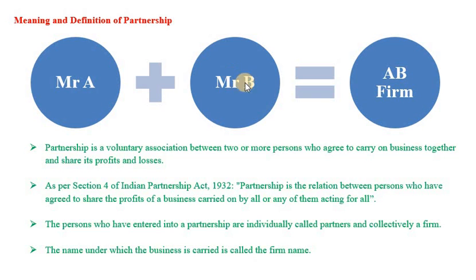In the absence of B, A can carry on AB firm. So A can act on behalf of B and carry on the business of AB firm.